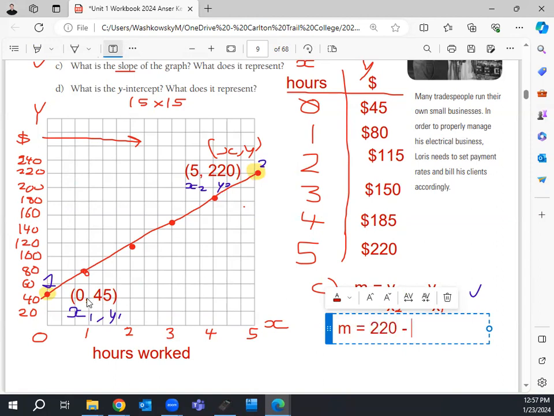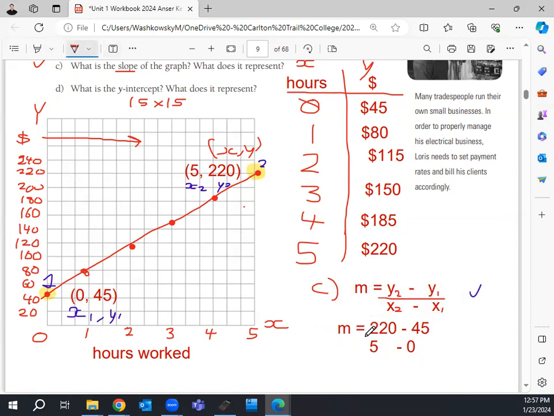I'm going to take that away from my Y1, which is 45, and then the whole thing's divided by X2, which is 5, minus 0. So step 2 is substitute. I've done that. Check.